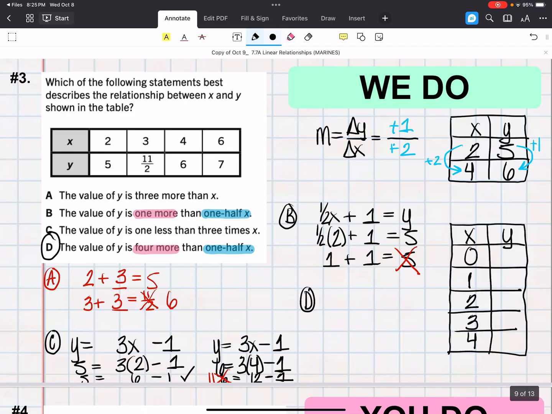We know when X is 2, Y is 5. So if we can think about it as money, our rate of change is 1/2, which is half of a dollar. Therefore, if I go backwards, I'm taking away half of a dollar, leaving me with $4.50. And if I go backwards again, I'm taking away another 50 cents, letting me know that my initial amount is the $4.